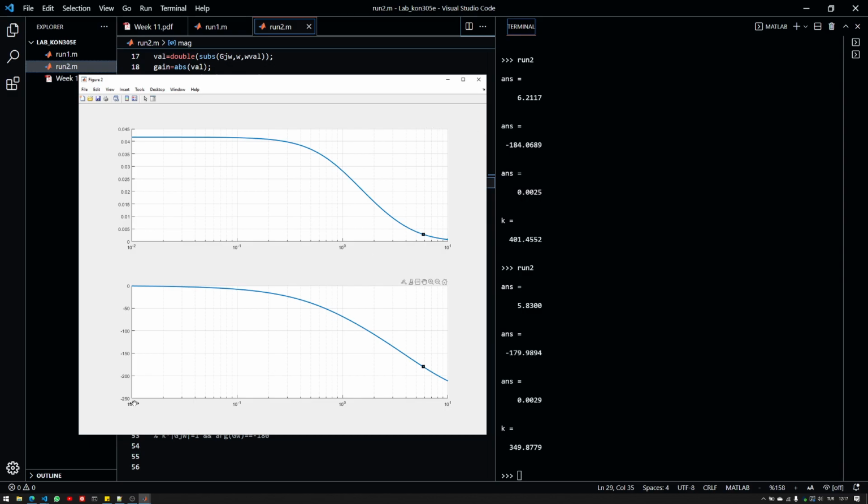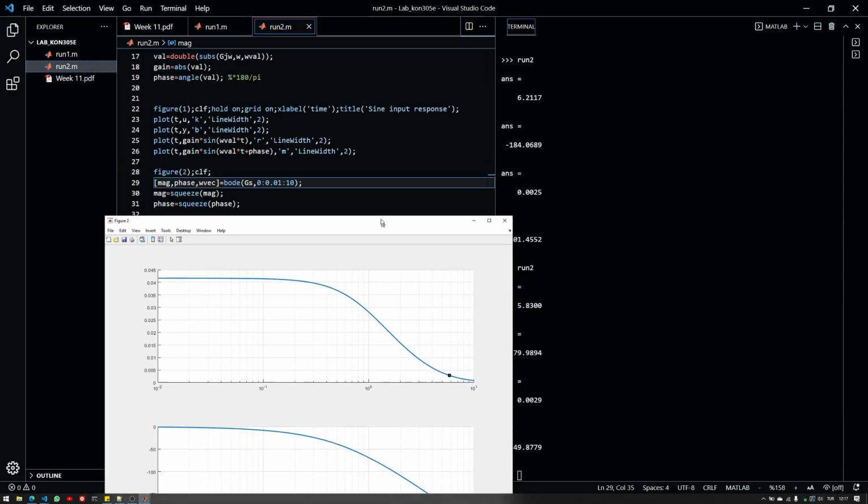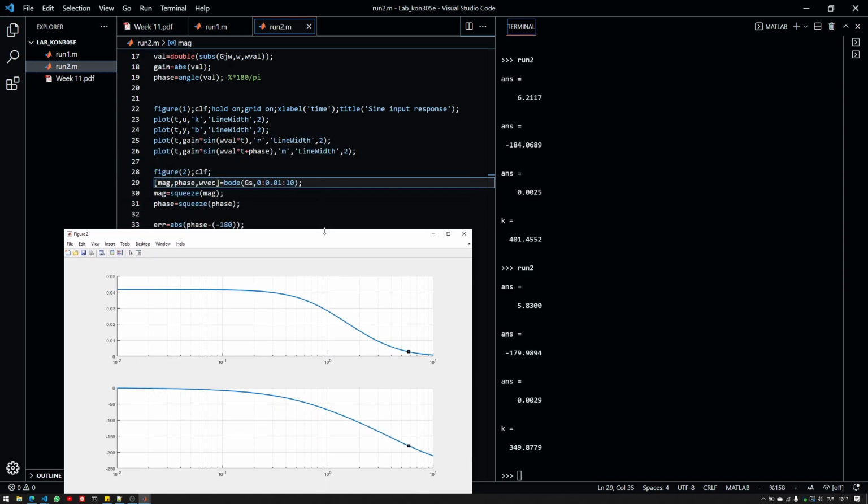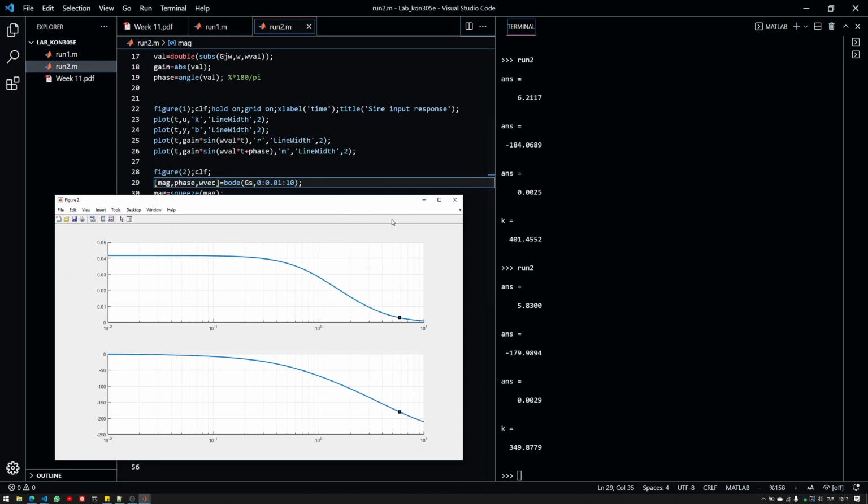So from 10 to the power of minus 2 up to 10, I have a pretty much good Bode graph here, so I can rely on it a little bit more, and you can see that this is 179.9894, which is almost equal to 180 degrees. If you match it exactly, you should get the exact value of 350, but you can see it lines up. So I have basically the upper bound that I've calculated in the first part here.